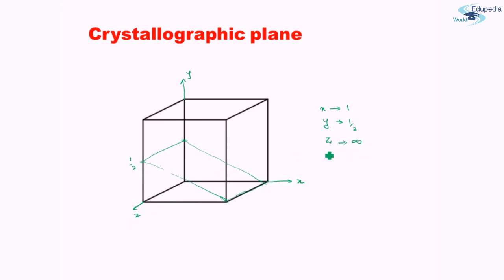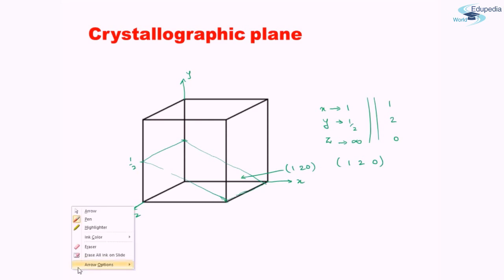Now we take the reciprocal: 1, 2, 0. These are all integers, so we can directly write the plane's Miller indices as (1 2 0). This is the simple algorithm. Let us just try one more example.